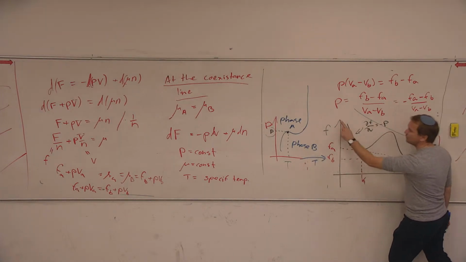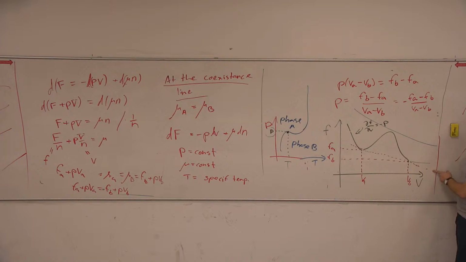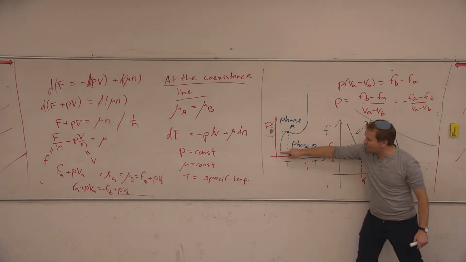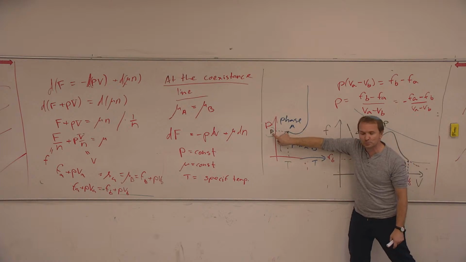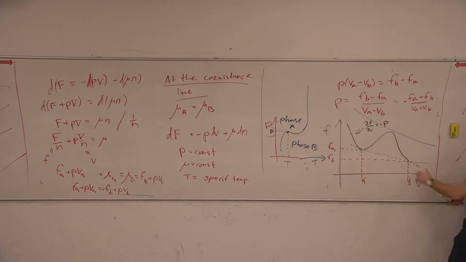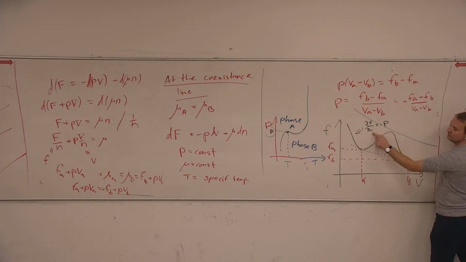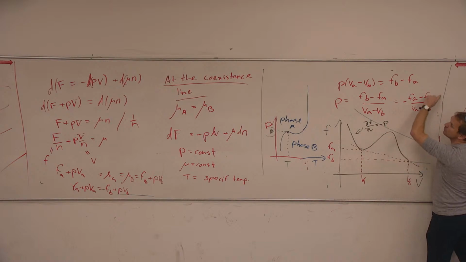Now you need to find the specific pressure where this phase transition occurs, because you do not have the form of this line. You only choose T and you want to find the corresponding P. So you look at this line, check the derivative dF/dV, and look for 2 points where this equation is satisfied.